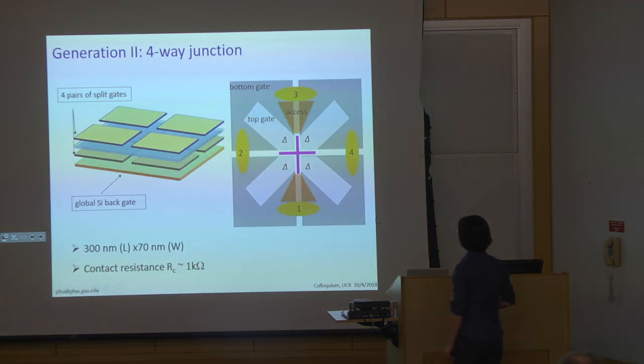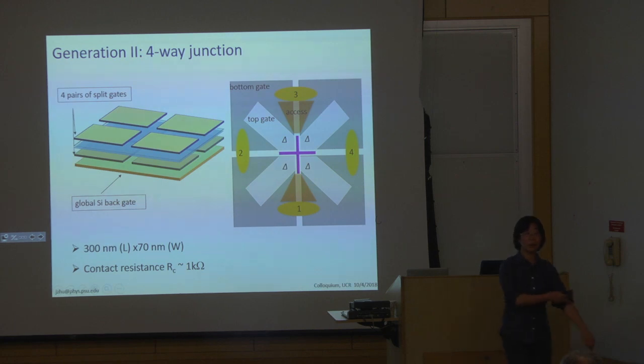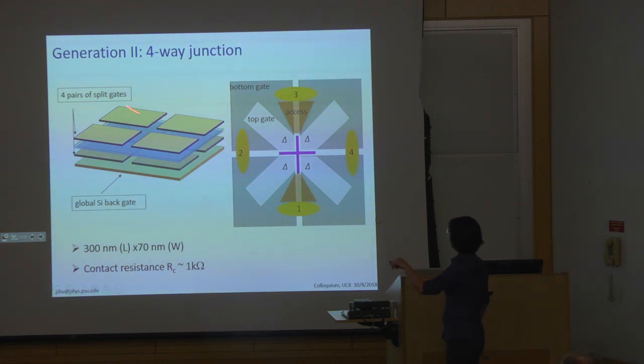Then we got more ambitious, because I need more than one channel to do the controlling. So we made a cross device, a 4-way junction over here, which involves 4 pairs of split gates, so 8, and then a 9th one that controls the Fermi level. We're going to gap here, here, here, here. We expect these wires, this magenta cross that I drew, to live only inside the area corresponding to the dual-gated regions.